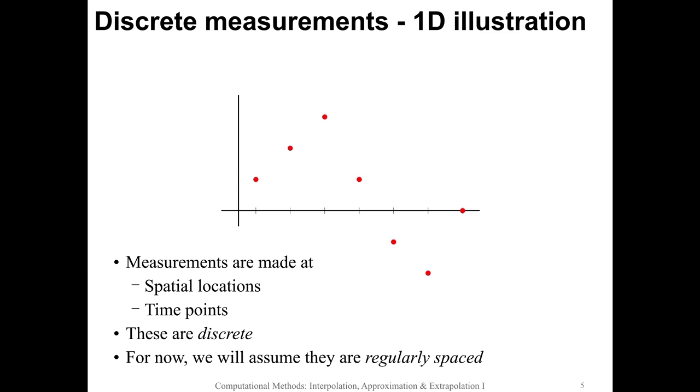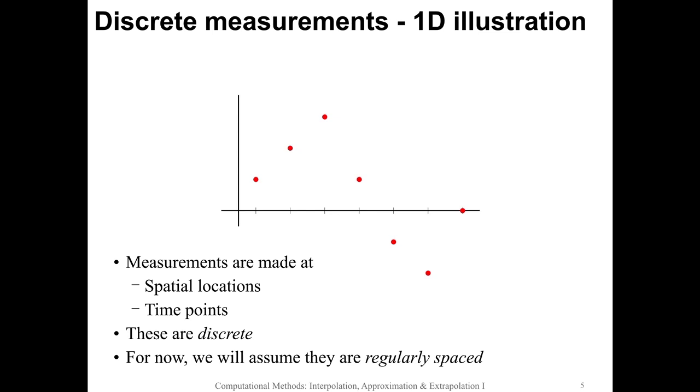We have a graph to show along the horizontal axis the points at which we make measurements. These can be spatial locations or they can be time points, and they're indicated by the little grid marks along the horizontal axis there. And so they're all discrete, they're all separated from each other.